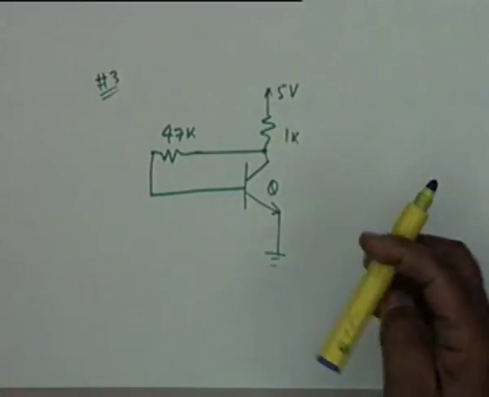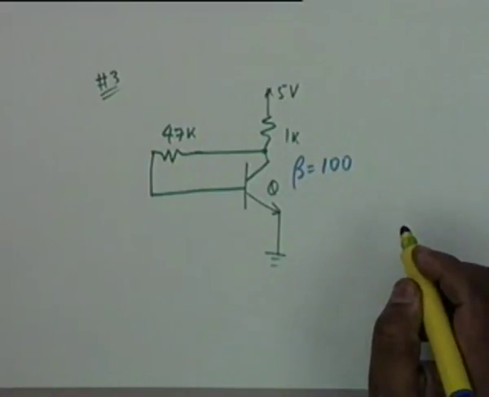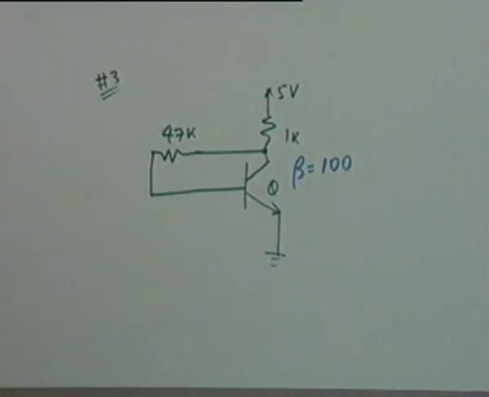This is a silicon transistor with beta equal to 100. You are required to find out whether Q is active, saturated or cut off.